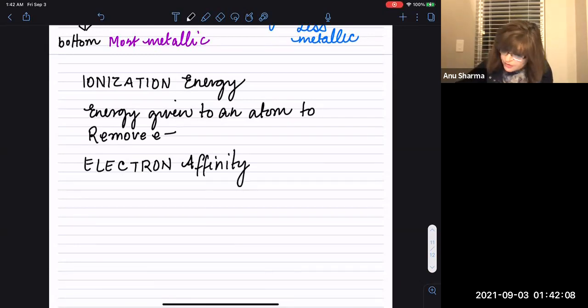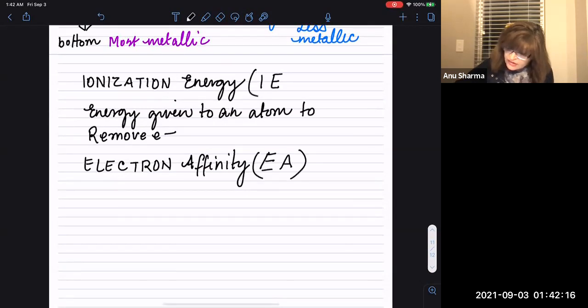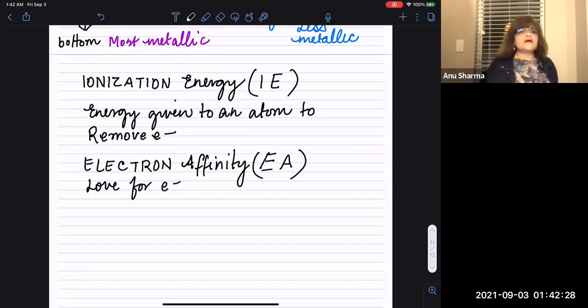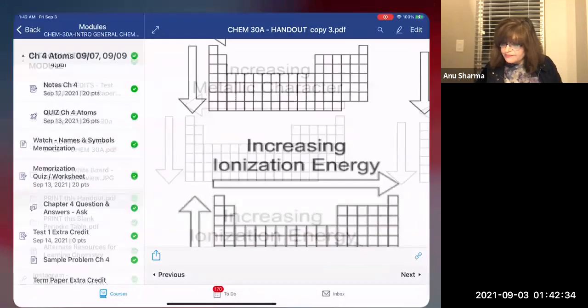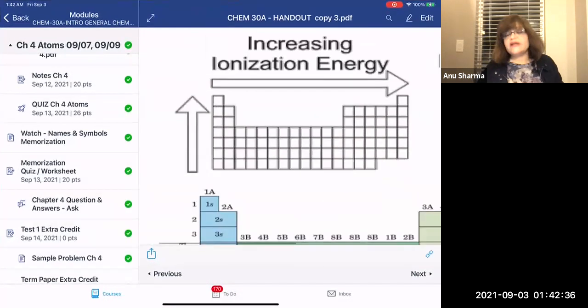Electron affinity. So I'm going to put this as IE and electron affinity as EA. Okay, so the electron affinity is obviously the attraction, the love for electrons. From here, you see the trend in the ionization energy.